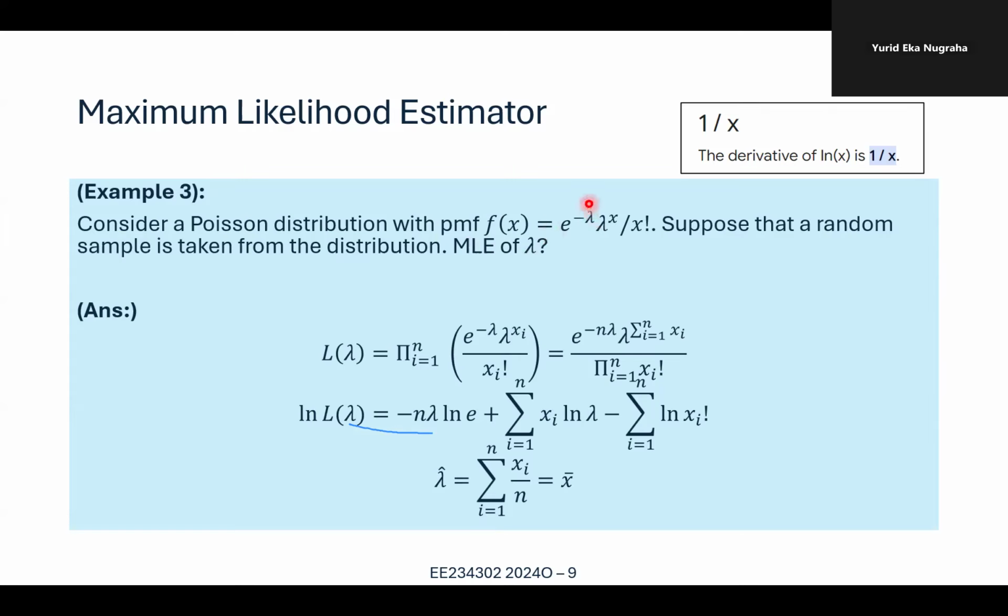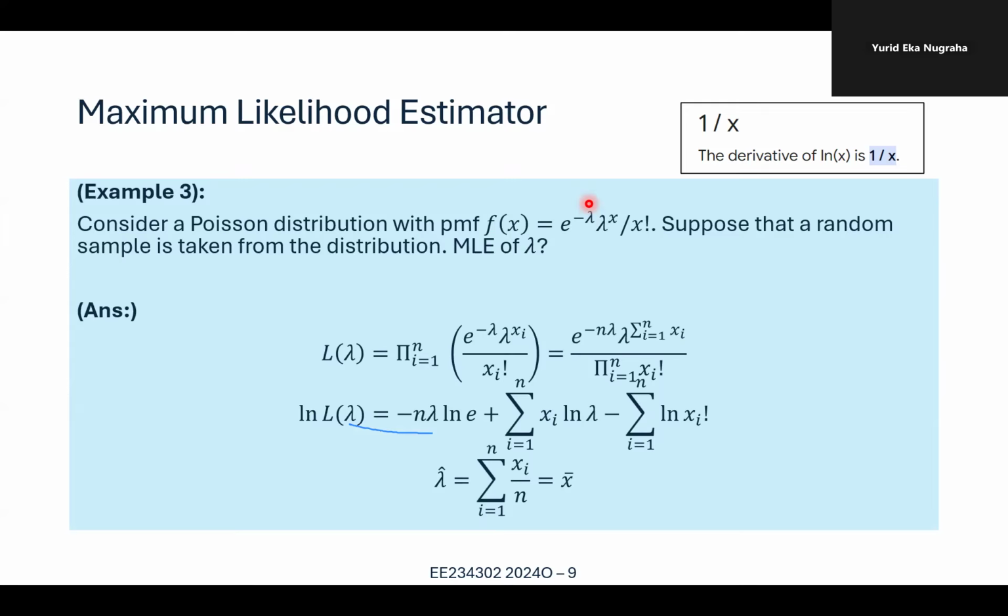Well, lambda is given, but how do we find lambda? Lambda is a function of the population, and it's not always the same as with the sample. So how do we find lambda so that it's representative of the population?